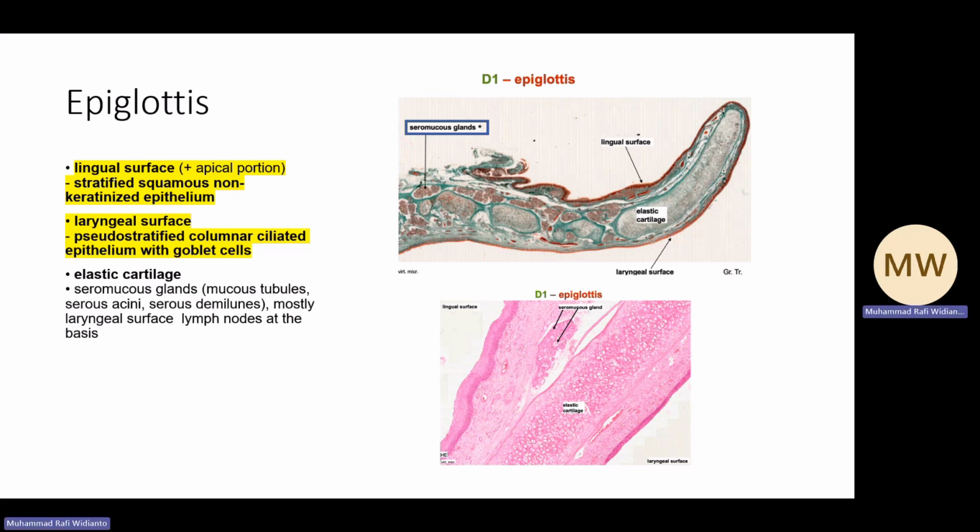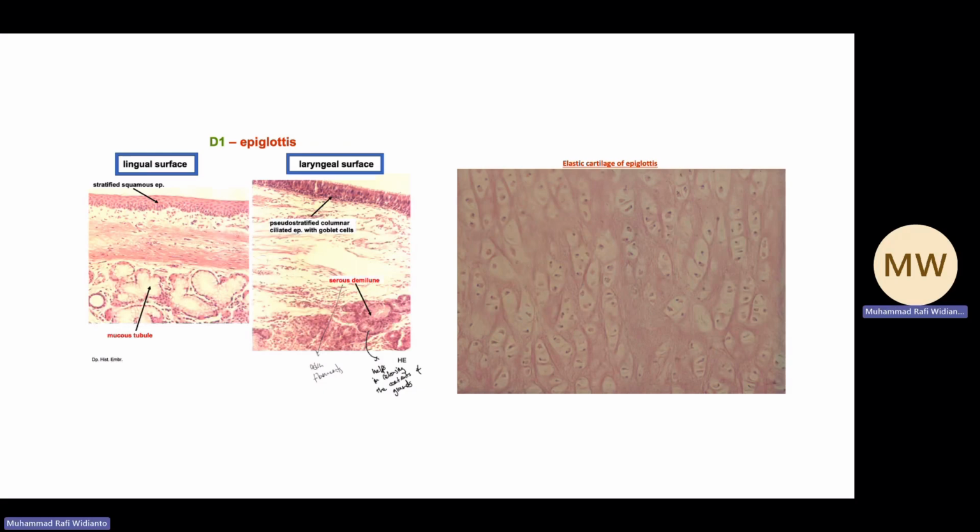Yes, just to move on. Here we have just two slides of what we just talked about before. So over here we have the mucous tubules and the serous demilune. And on the right, we have the elastic cartilage of the epiglottis, and you'll learn more about it in the previous video, which you should see just for reference.